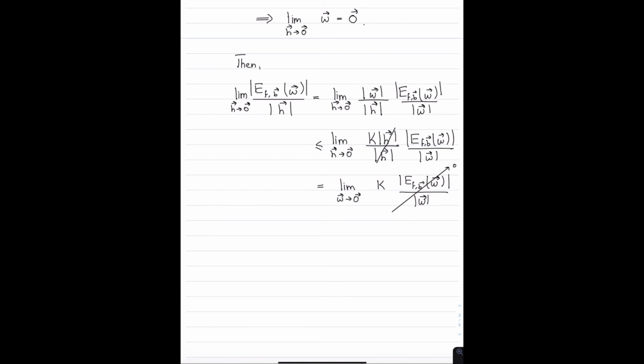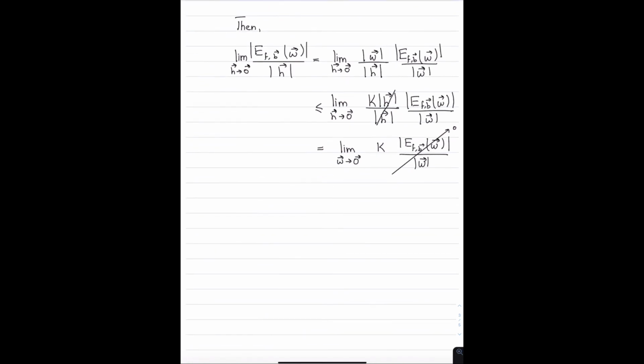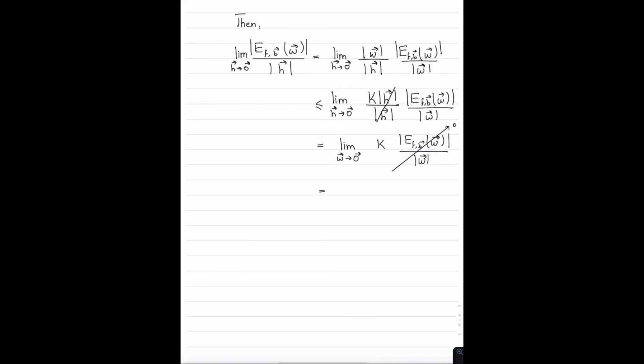So we know that this entire thing just goes to 0, which implies that the limit as vector h approaches the 0 vector of the error term, now getting rid of the norm in the numerator, evaluated at w divided by the norm of vector h, is indeed equal to the 0 vector.